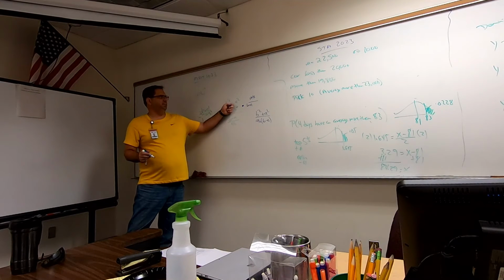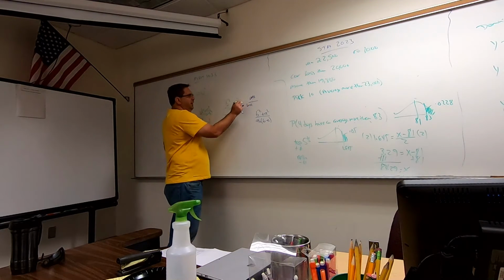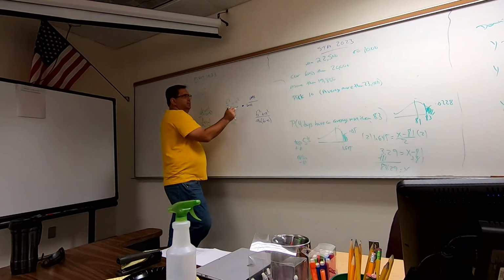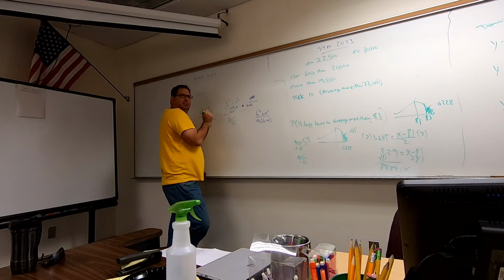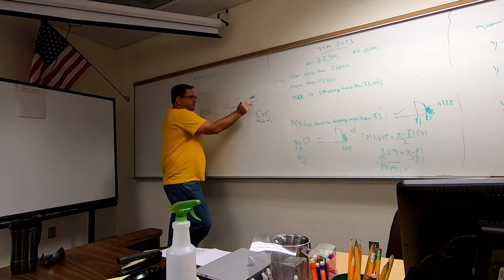B squared plus a squared is on top. This a and one of those a squareds will cancel. This b and one of those b squareds will cancel. So this part is just ab on the bottom. So it's ab times this part.